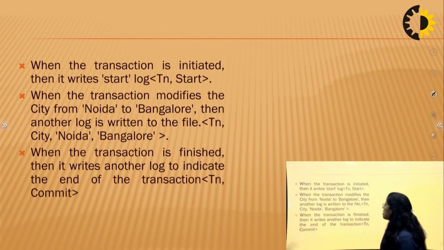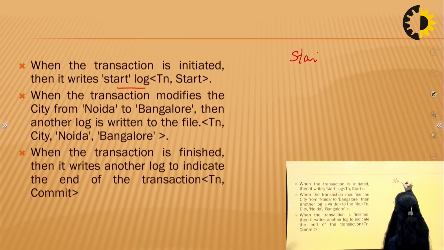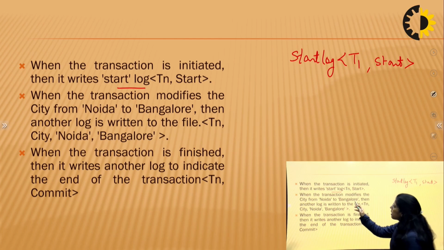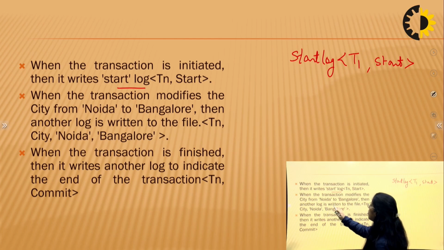When the transaction is initiated, then it writes a start log. So this is how, firstly, the start log records which transaction, T1, has started. This is how a transaction is recorded on the log, right? When the transaction modifies the city from Noida to Bangalore, then another log is written.